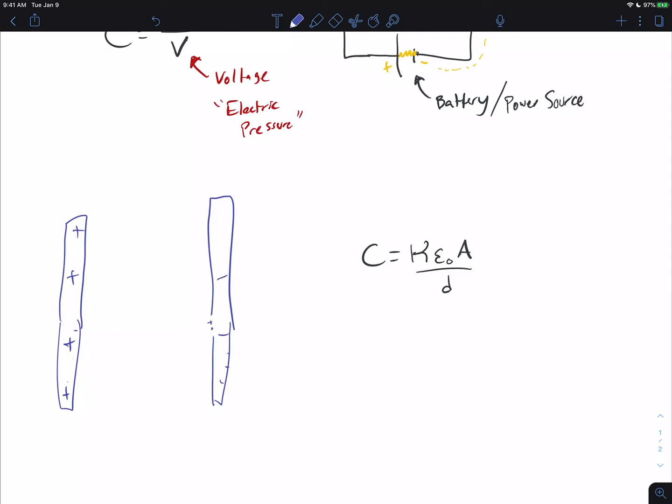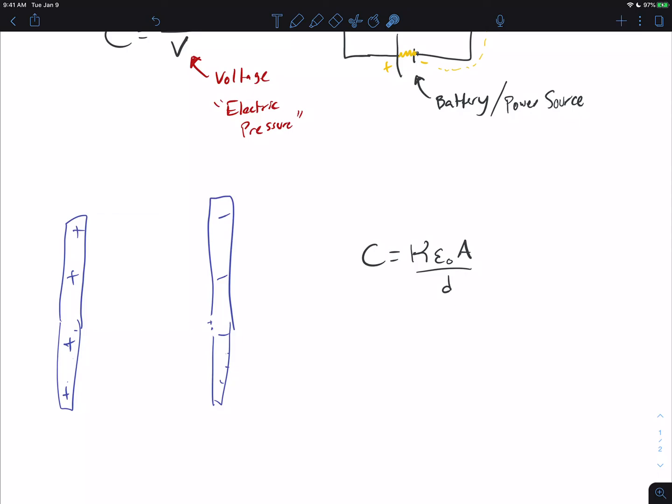These guys could be much further apart. Now these charges are a lot happier than they were before. It's so much easier to get them to be in this configuration versus when they were tightly packed together, right? So making my plates bigger makes it easier to store more charge because they're not so packed closely together.